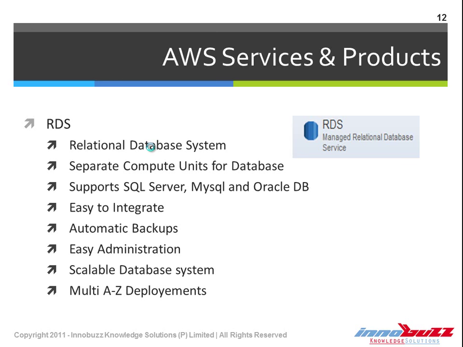When we use RDS, the difference is that the MySQL service is handled by separate compute units. It has its own memory, CPU and storage, all separated from our EC2 instance or any other server on which we have the web service running.